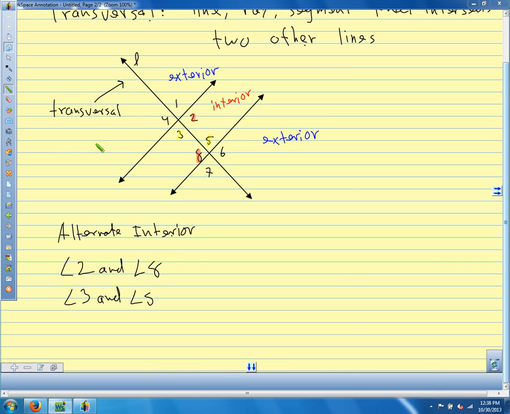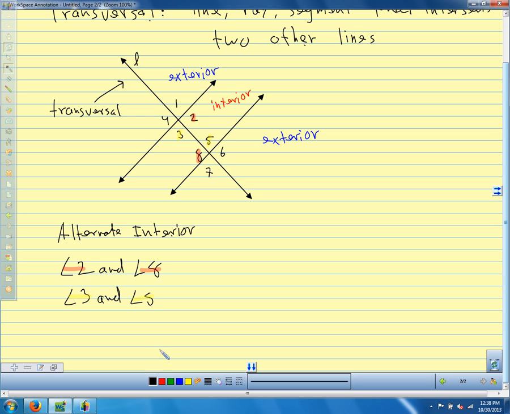So I highlighted these yellow, and I highlighted these red. So my alternate interior angles are angles 2 and 8, and angles 3 and 5. Inside the lines, and on opposite sides of the transversal. That's what alternate is. So those are alternate interior angles.